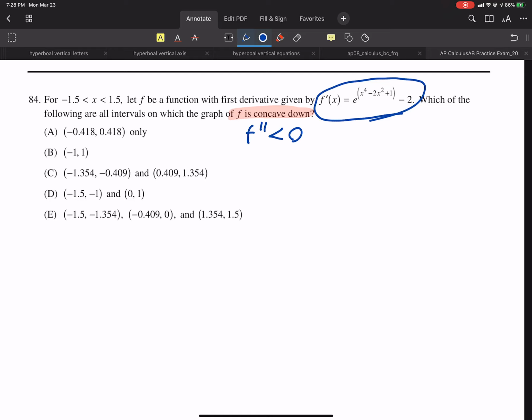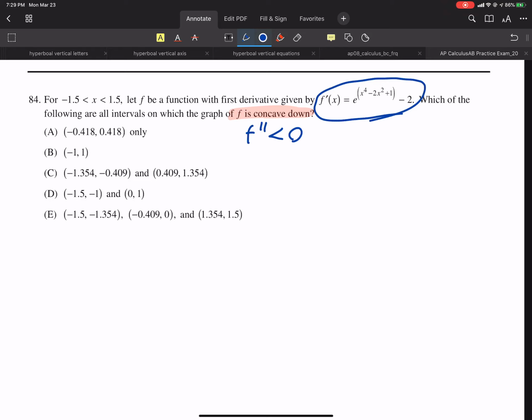And then I go to Window, and they tell me my x goes from negative 1.5 to 1.5. So my x min, I put negative 1.5. My x max, I put positive 1.5. And I want to know when the second derivative is negative. Window-wise, I don't know how high and low to go. I'm just going to punch in some numbers.